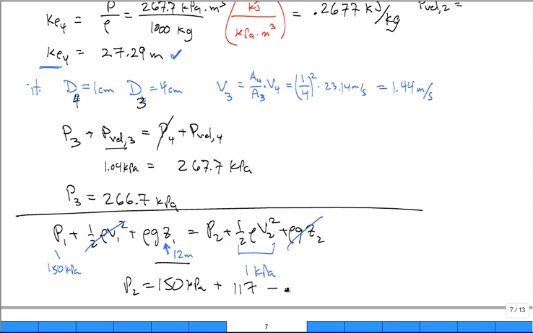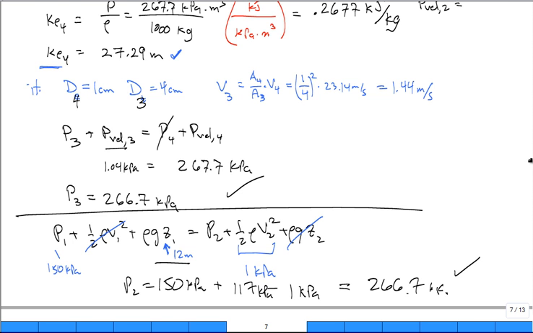And then you take off the 1 kilopascal for the velocity pressure. 150 plus 117 minus 1, what do you get? 266.7 kPa. It's consistent. Okay? All of that makes sense?